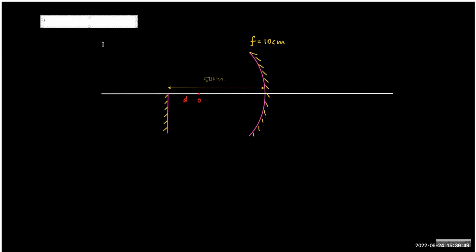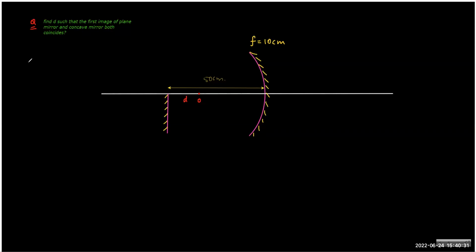Yes. So we are supposed to find D such that the image of the plane mirror and the spherical mirror, or you can say concave mirror, both coincide. Okay. So that's a simple, straightforward question.